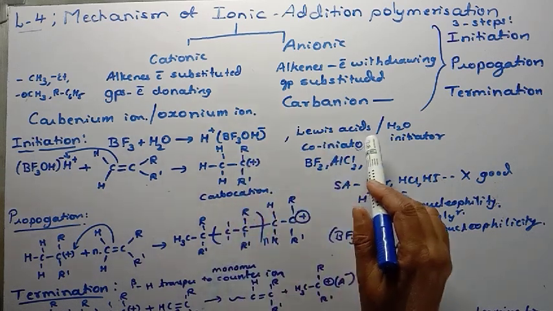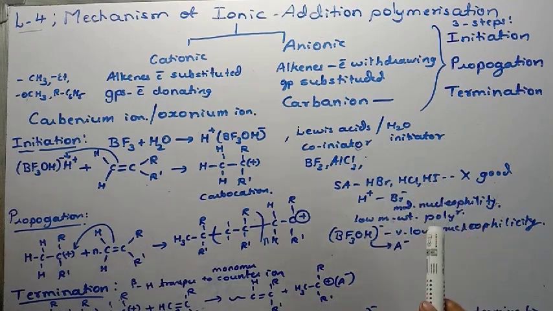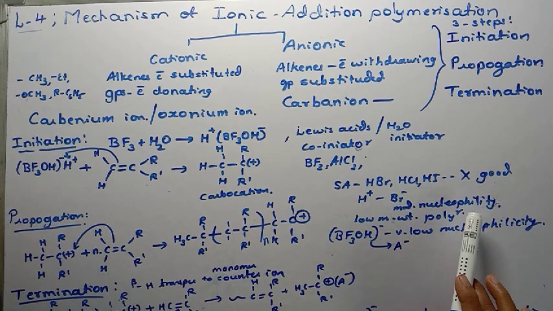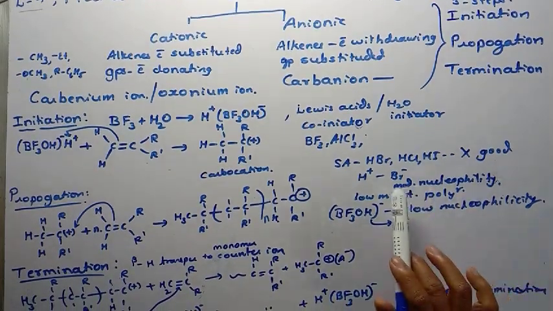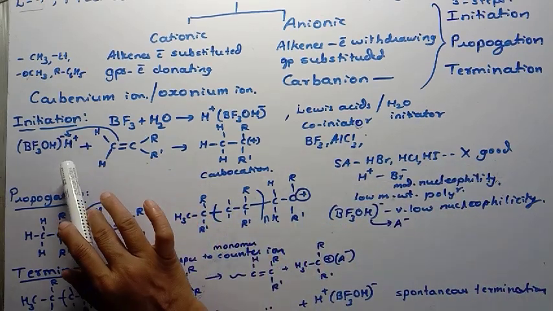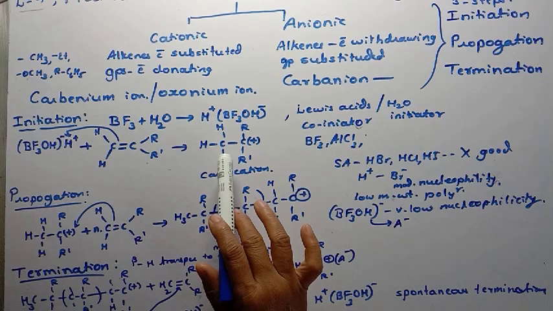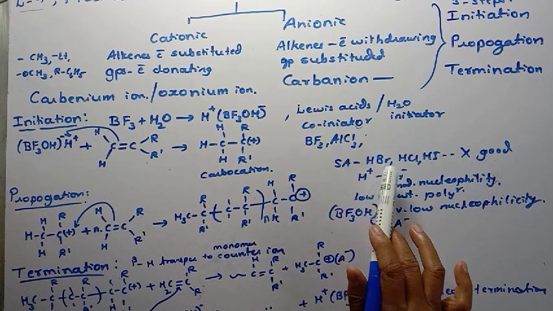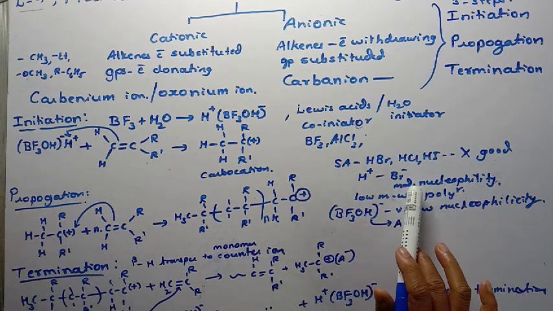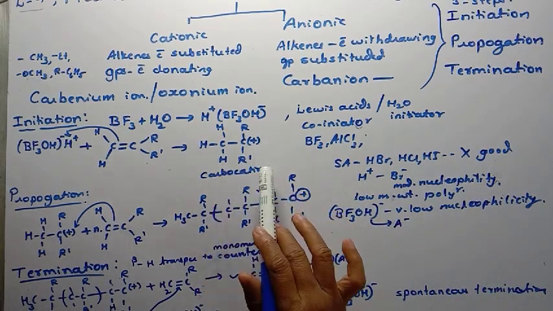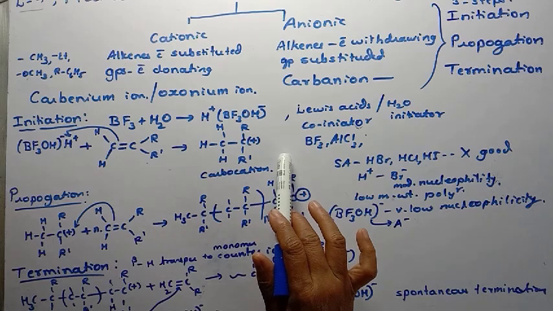Instead of Lewis acids, there are many strong acids which are very good proton generators, but their counter ions have moderately nucleophilic nature. If we use such acids they act as initiators, but very soon they terminate the reaction because the counter ions react with the carbocations.